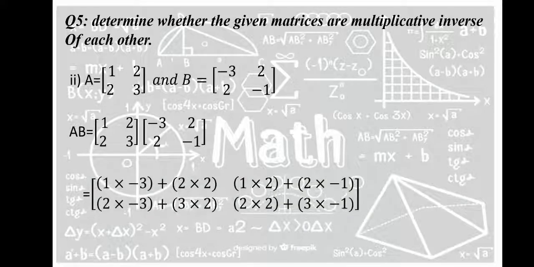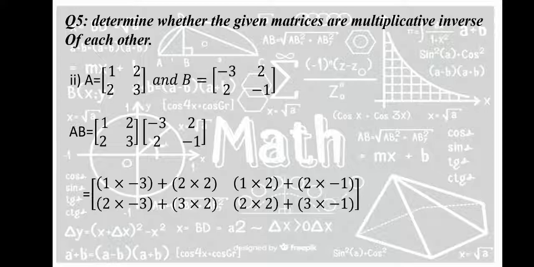Following the rules of multiplication, the first row will be multiplied by the first column in the first line, so 1 multiplied by -3 plus 2 multiplied by 2. Then the first row will be multiplied by the second column, that will become 1 multiplied by 2 plus 2 multiplied by -1.